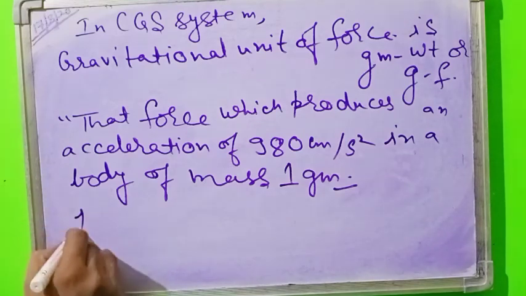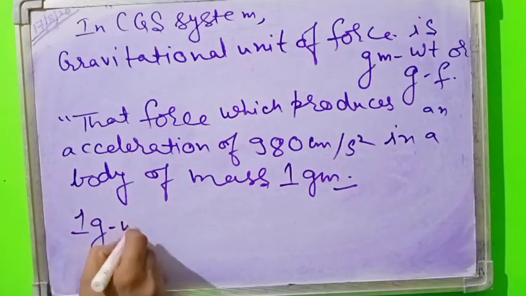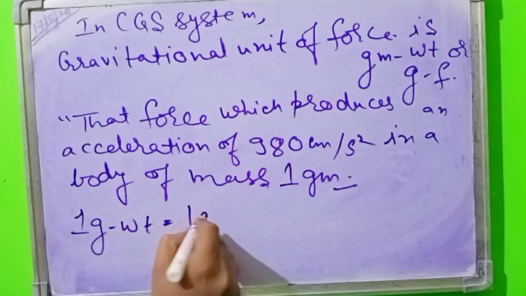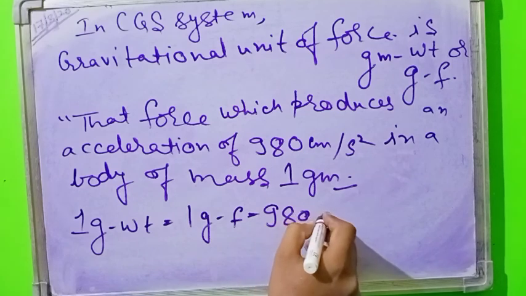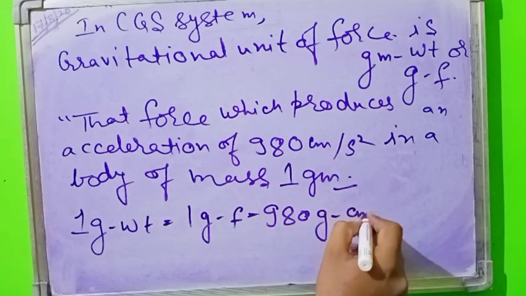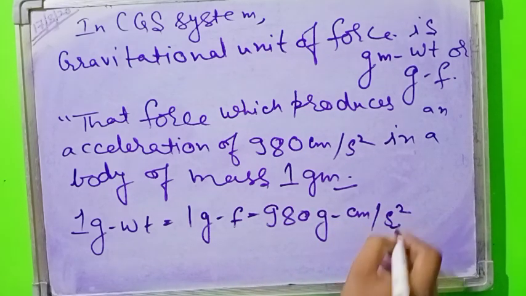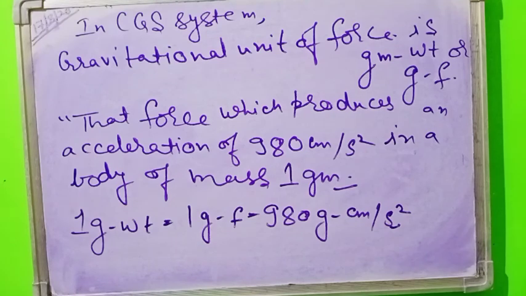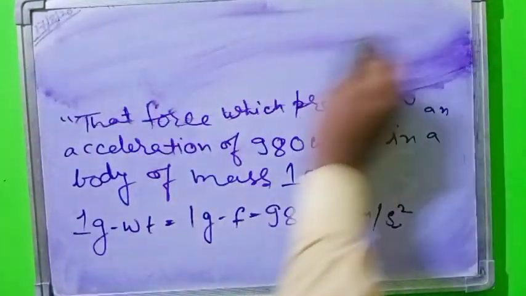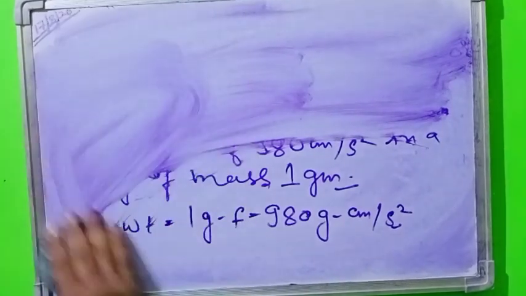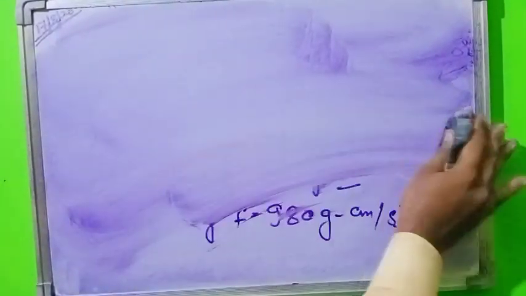So 1 gram weight is equal to 1 gram force, and it is equal to 980 gram centimeter per second square. Now this is all about the units of force, and we have defined force by Newton's second law.